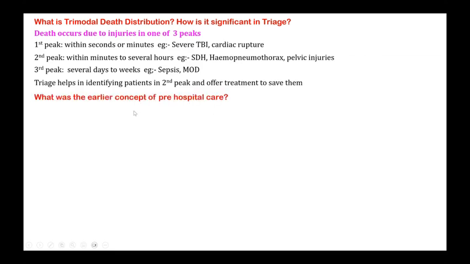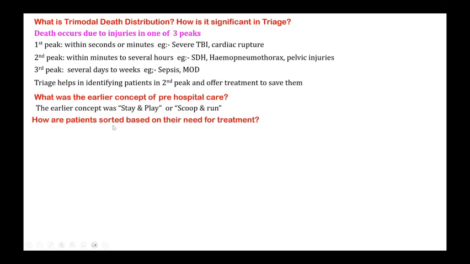And what was the earlier concept of pre-hospital? That is where I told you about stay and play or scoop and run. And how are patients sorted based on their need for treatment? They can be classified as critical, that is, within seconds you have to treat them, like airway obstruction or heart rupture.